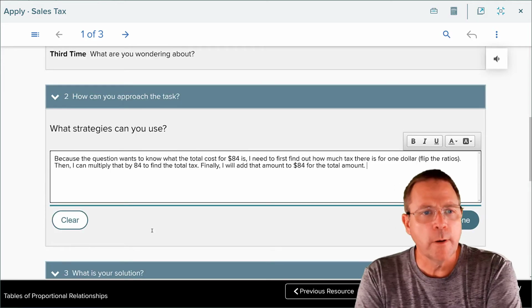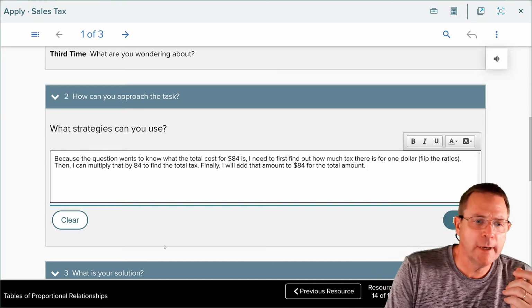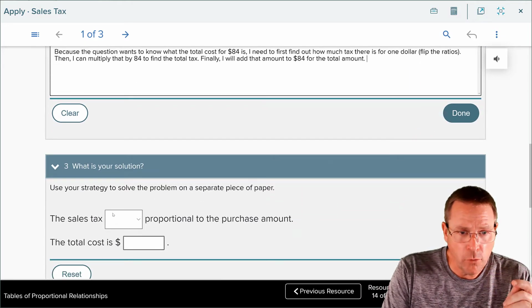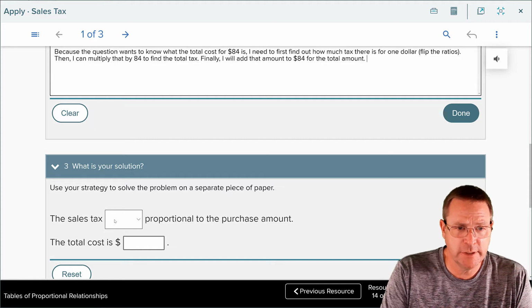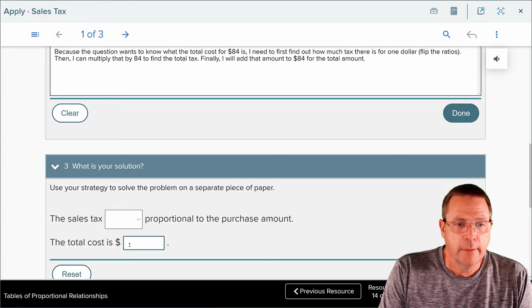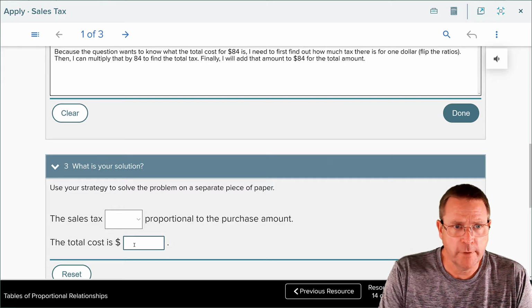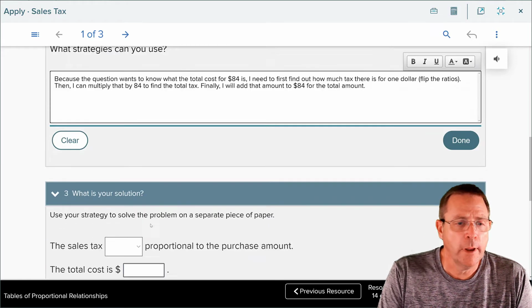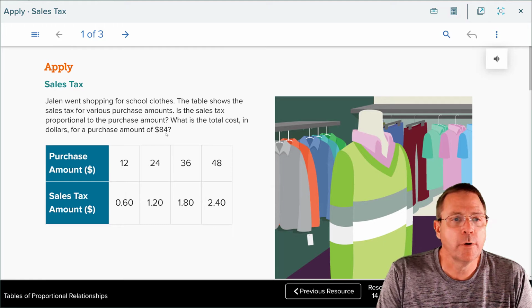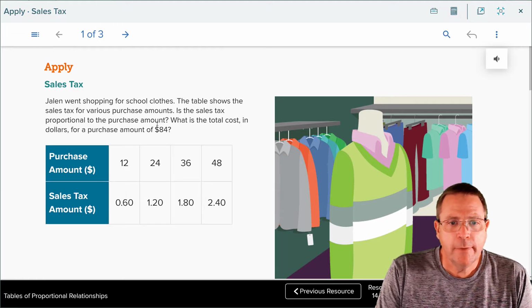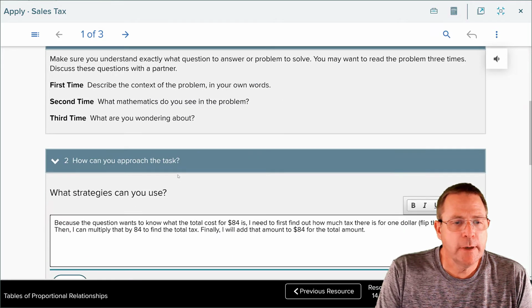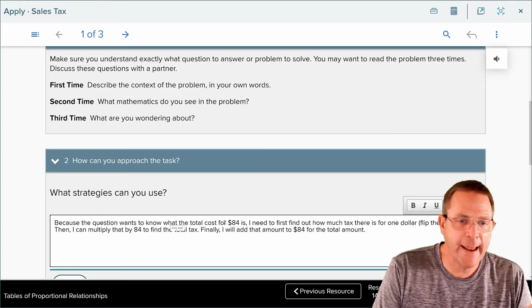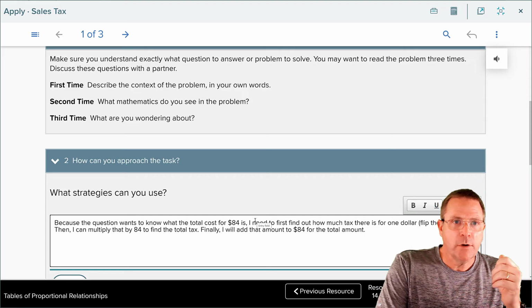When I read the problem, I realized that they wanted to have a total cost, where they want to find out how much the sales tax is going to be, and then they want to find out what the total cost is going to be for an $84 purchase. That meant the easiest way to solve it is going to be to find out first what the total tax is going to be for $1.